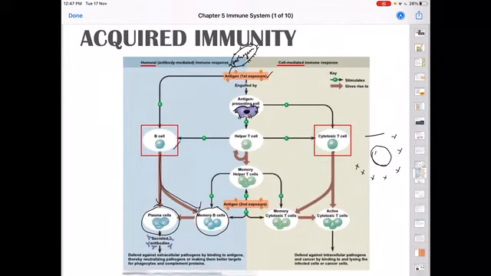Okay, but once dia dah masuk dalam badan kita, cytotoxic T cell akan attack the whole cell. Dia akan membunuh keseluruhan sel kita. But for plasma cell, dia hanya akan pergi attack kepada pathogen yang belum invade sel dengan cara membebaskan antibodies.